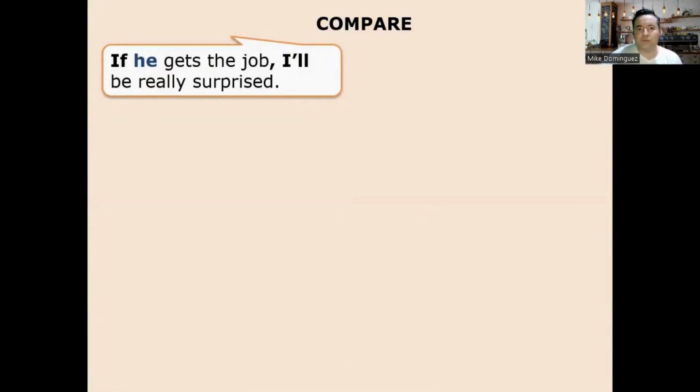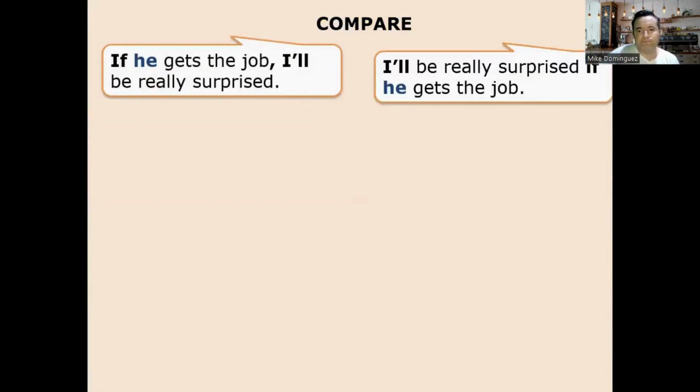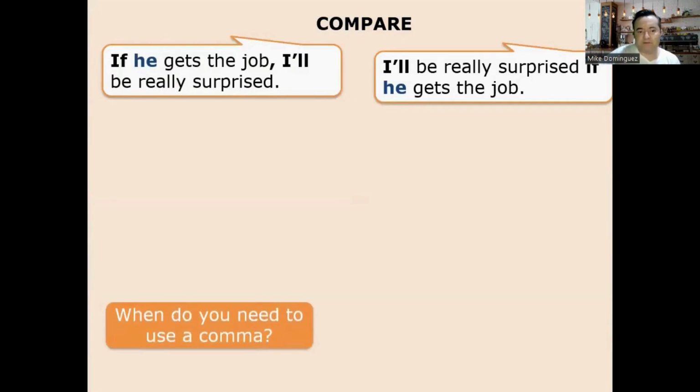Can you help me to read, please, Melly? If she gets the job, I will be really surprised. I will be really surprised if he gets the job. Very good. When do you need a comma, Melly? In the first or in the second example?